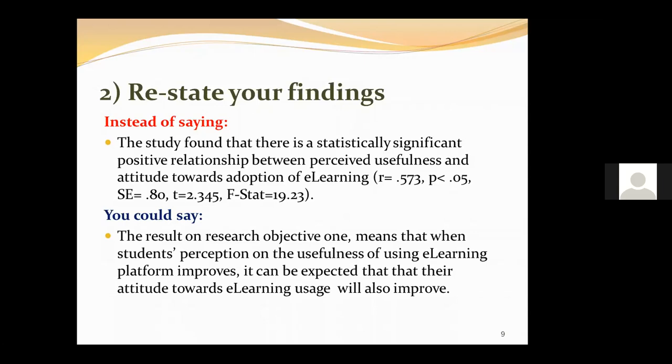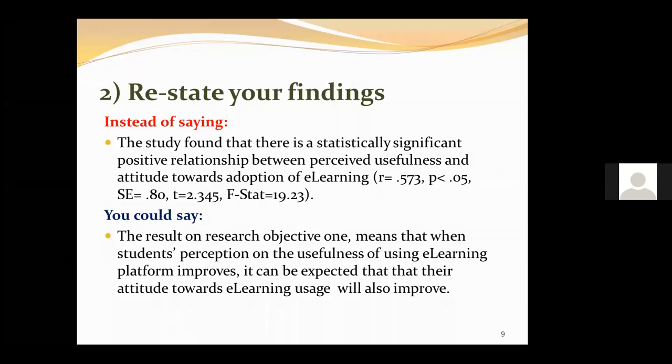Okay? For instance, instead of saying the study found that there is a statistically significant positive relationship between perceived usefulness and attitudes towards adoption of e-learning, and then you put all those statistics that you know of. We are saying restate your findings, and this is in chapter 5, discussion of results.